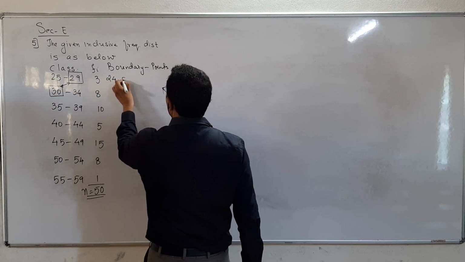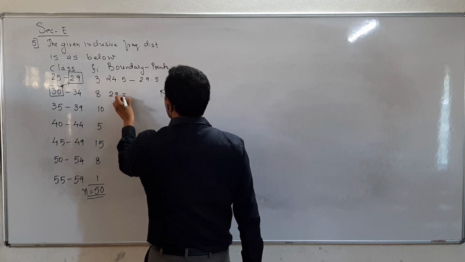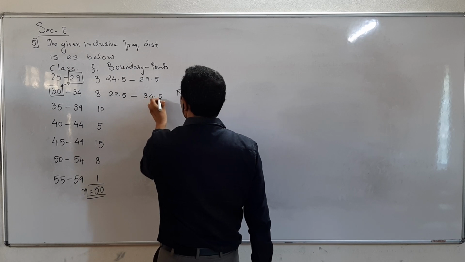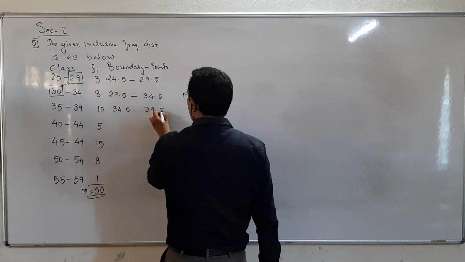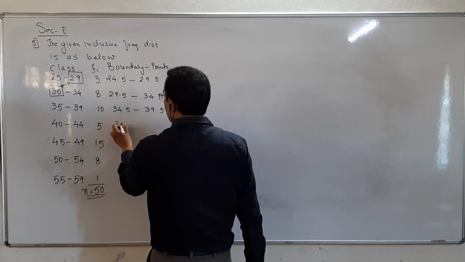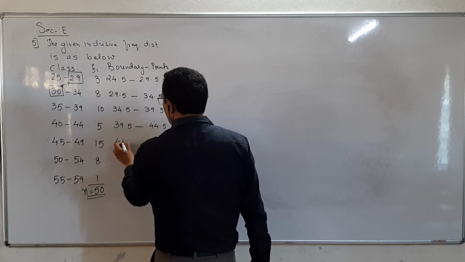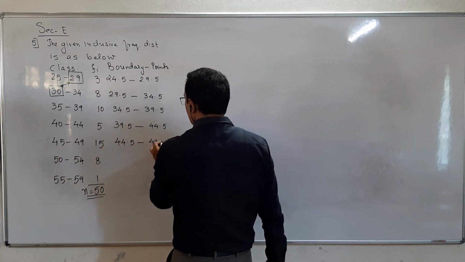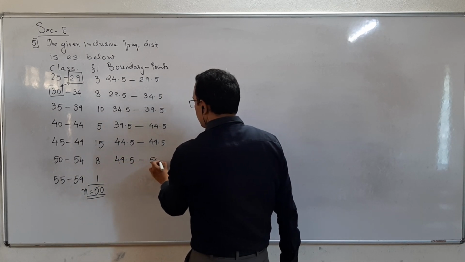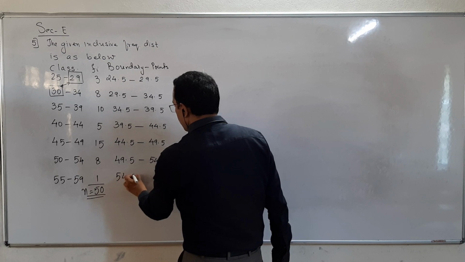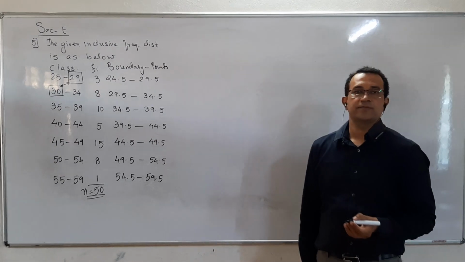So the first class: subtract 0.5, 24.5; add 0.5, 29.5. Next class: 29.5 to 34.5, add 0.5, 39.5 for the upper boundary. Then 39.5 to 44.5, then 44.5 to 49.5, then 49.5 to 54.5, and finally 54.5 to 59.5.